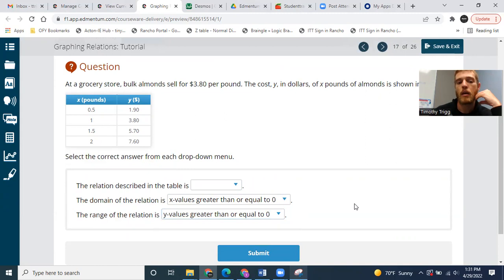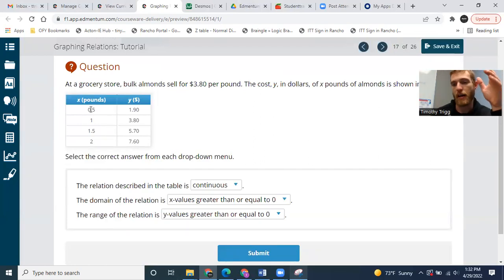Okay. Now, the relation described in this table is, we would say, continuous. So a continuous relationship, basically, think about these x values, okay? We could have 0.5, but you could have 0.51. You could have 0.52.